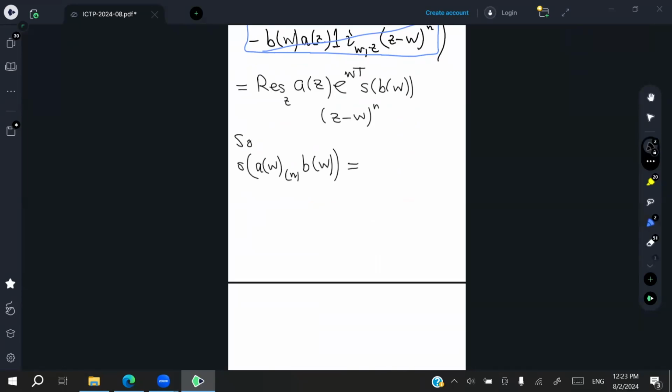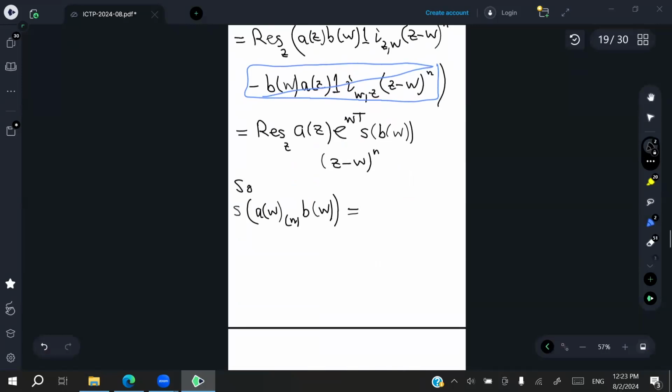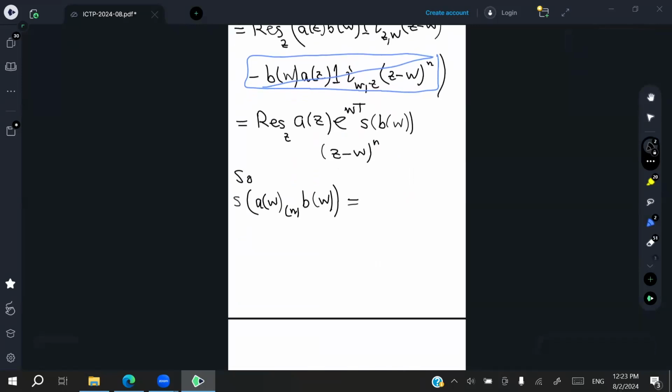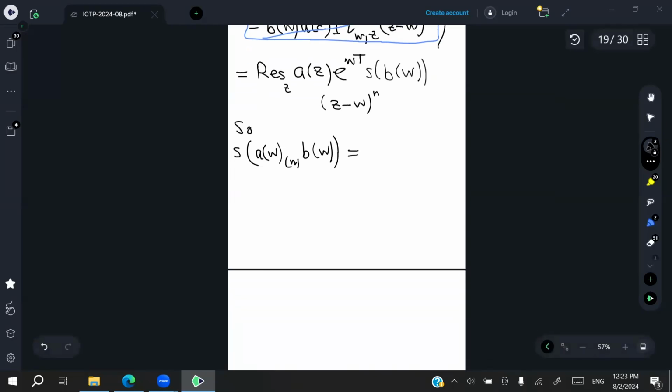So that is given by taking the expression above and setting W equal to 0, right? But if we set W equal to 0, then we get, okay, sorry, this is not quite true because I still haven't set W equal to 0. Oh no, it was right, S of B(W). Okay, now we set W equal to 0.